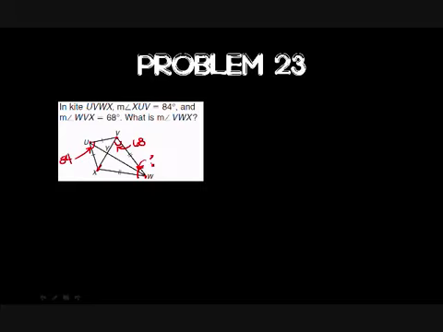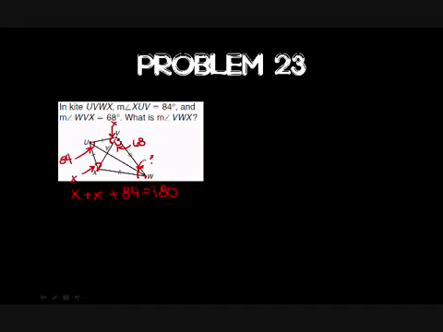Okay, so what I need to do first is figure out what these two angles are, which are both going to be the same because that's an isosceles triangle. So we'll call this x, so these would both be x. So x plus x plus the last angle of 84 equals 180.